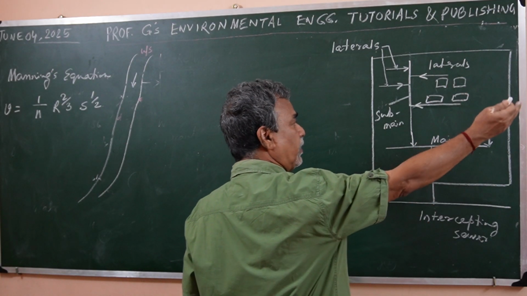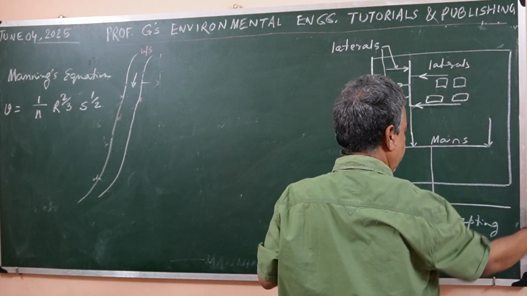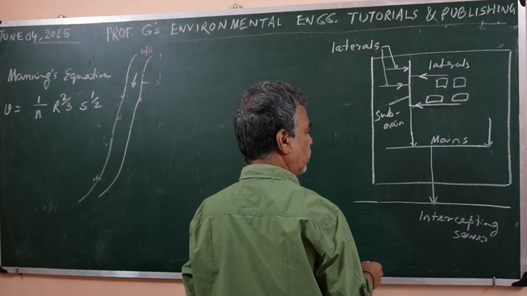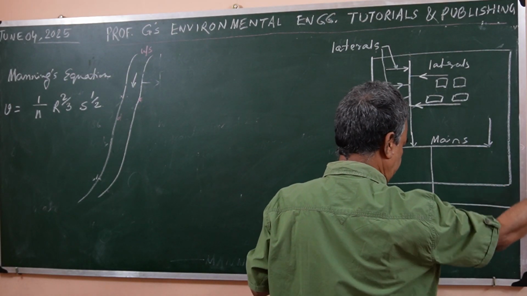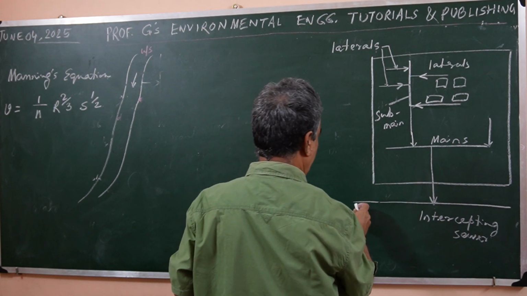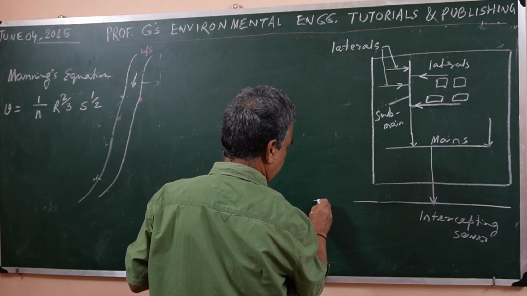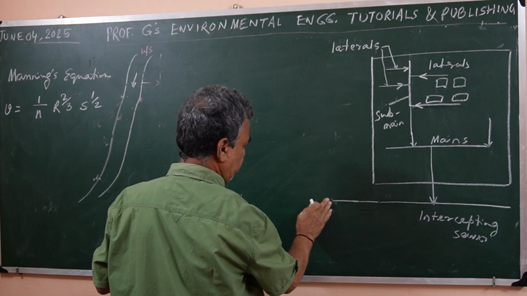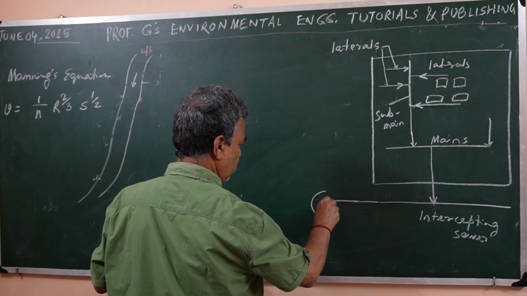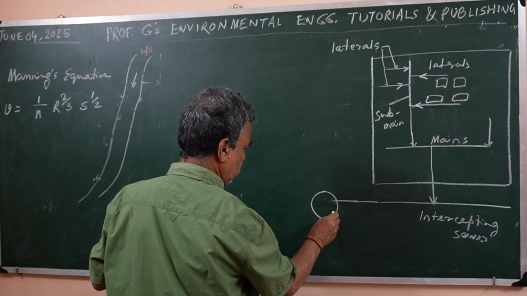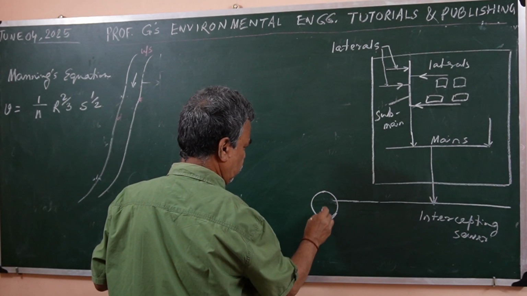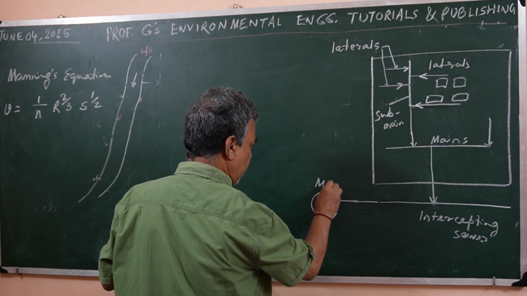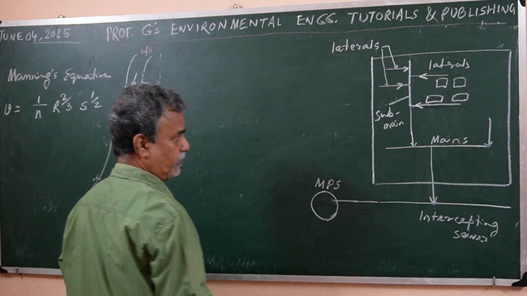From other areas, similarly, the mains are discharging the sewage, the wastewater, to the intercepting sewer, and the intercepting sewer goes through a pumping station. Let me draw here, this is the pumping station. If we say that this is the main pumping station, MPS.